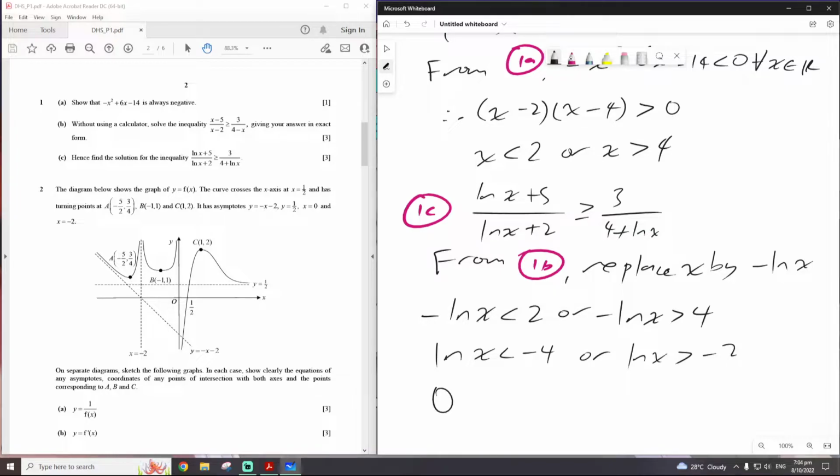So you actually have to put 0 less than x less than e to the power of negative 4, or x has to be greater than e to the power of negative 2. Alright? And yeah, that should be the answer.